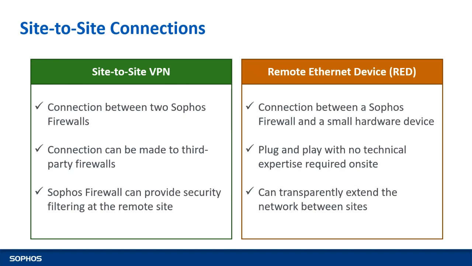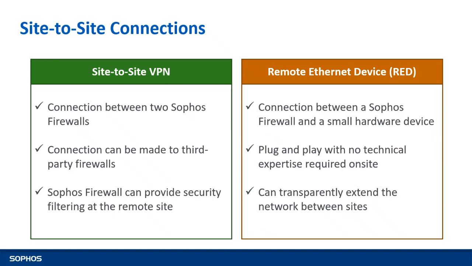The RED, or Remote Ethernet Devices, are a small hardware device that is connected in a branch office that can transparently extend the network between sites without layer 2 connections.